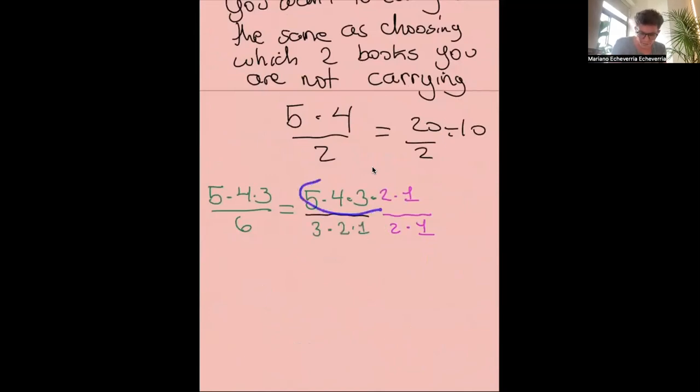And 5 times 4 times 3 times 2 times 1 is something most of you recognize, because that's what you call 5 factorial. Is that making sense? This looks closer to the formula for 5 chooses 3.